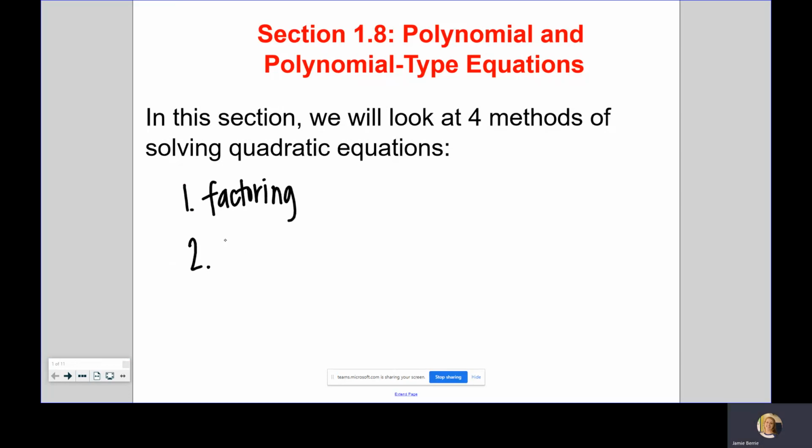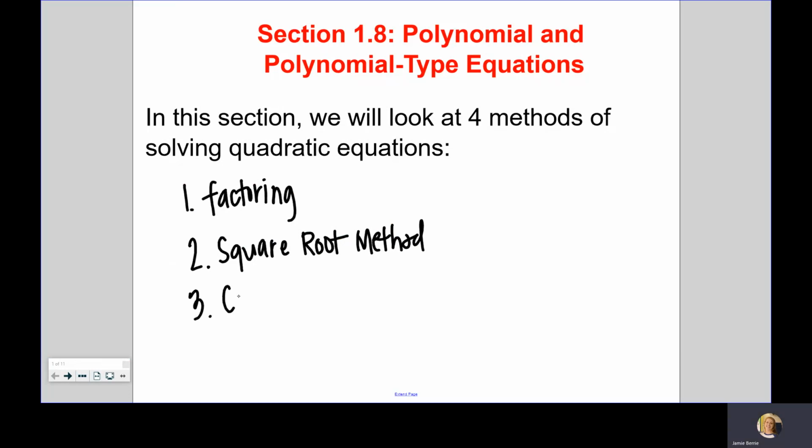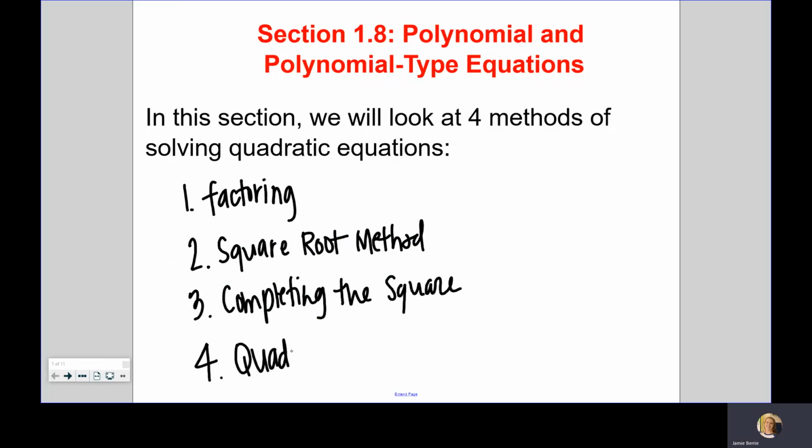The second method we'll look at is called the square root method. Then we'll look at a method that's called completing the square. And then the fourth one is the quadratic formula.